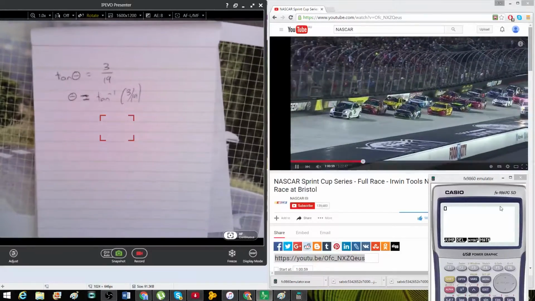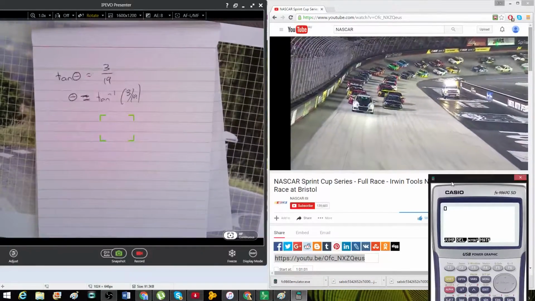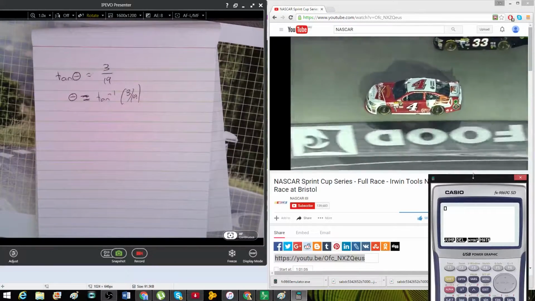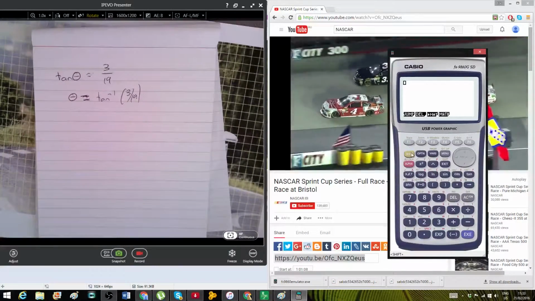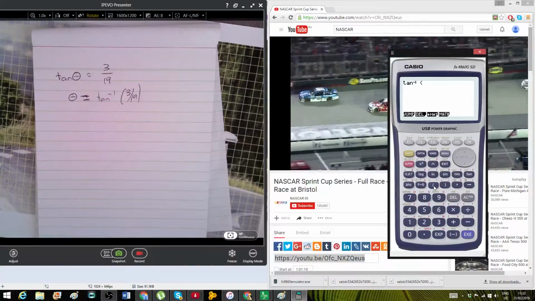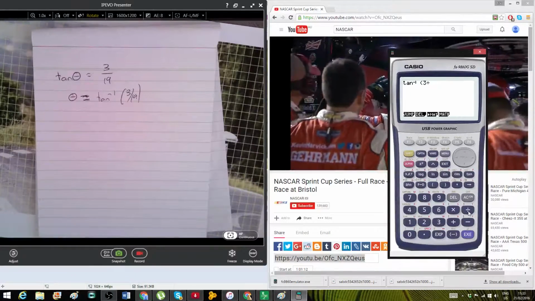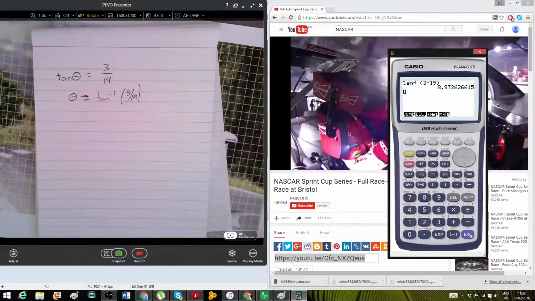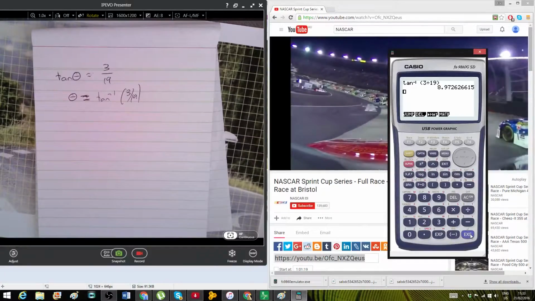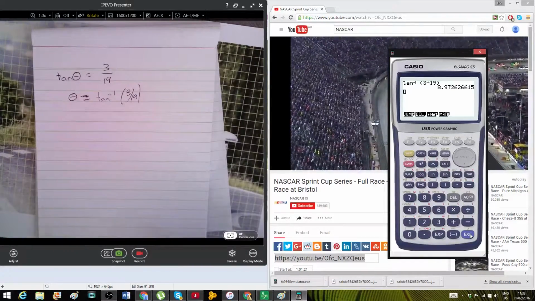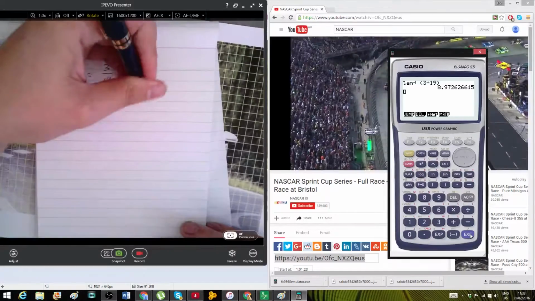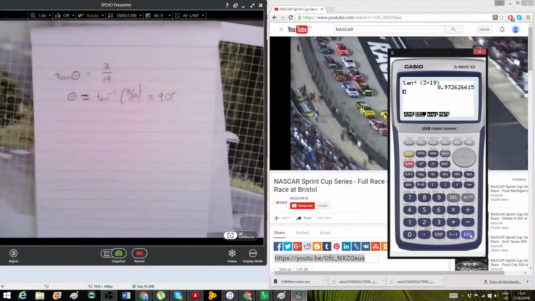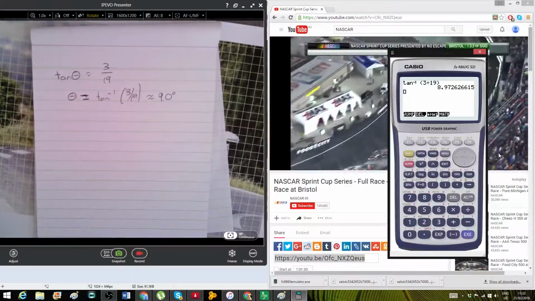I've got my calculator off here to the side. Let's find inverse tan of three divided by 19. I'm going to round that to pretty much 9.0. That's really as much accuracy as I'm going to get out of that, but that's a nice round number anyway, so I like that.